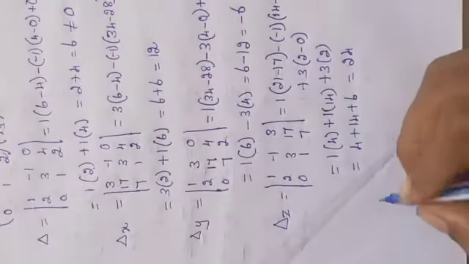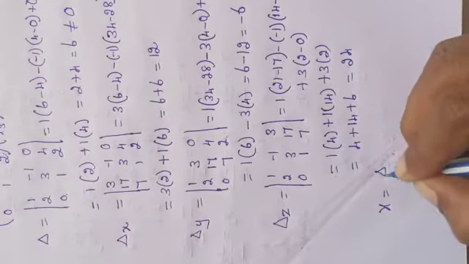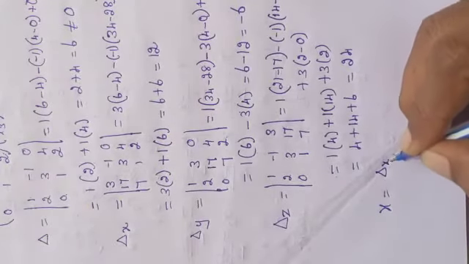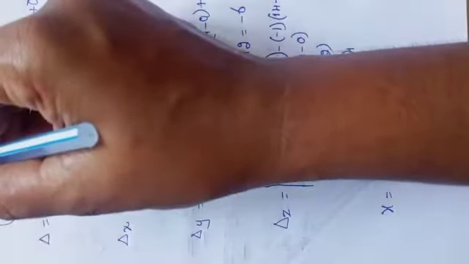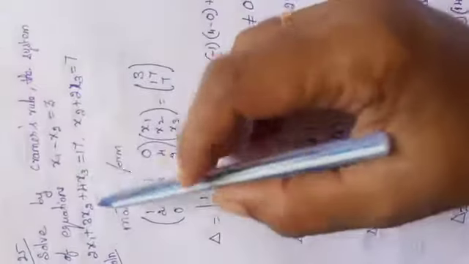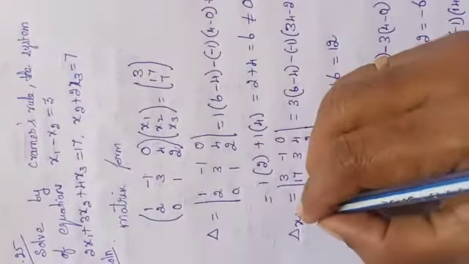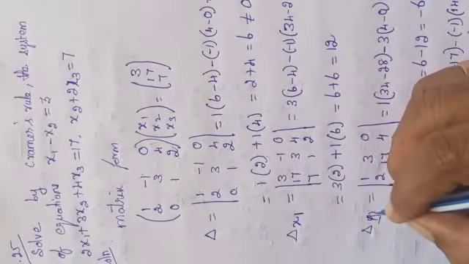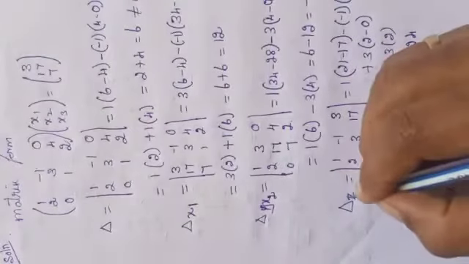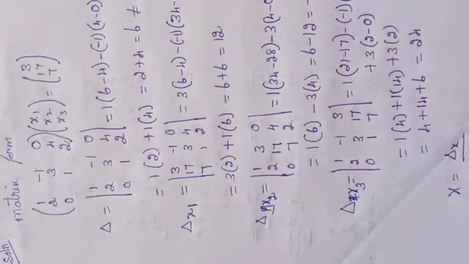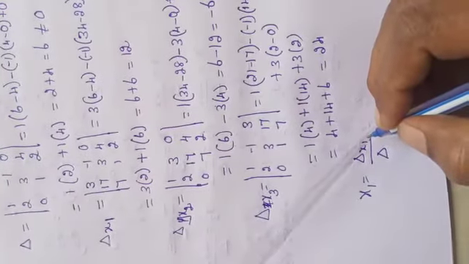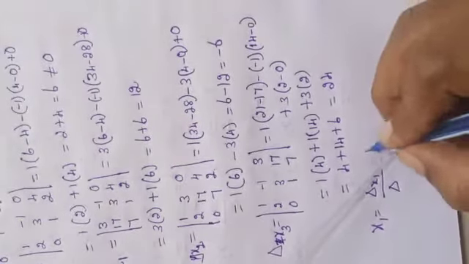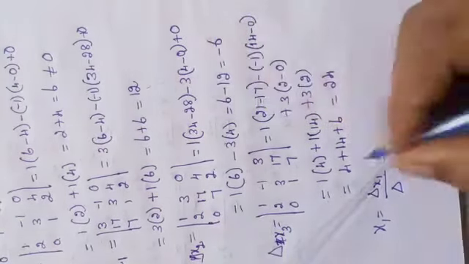Now shall we find it out? x is equal to delta x by delta, isn't it? See here, the given equations are in x1, x2, x3. So here we are supposed to find delta x1, delta x2 and delta x3. So x1 is delta x1 by delta. Delta x1 we have got as 12.